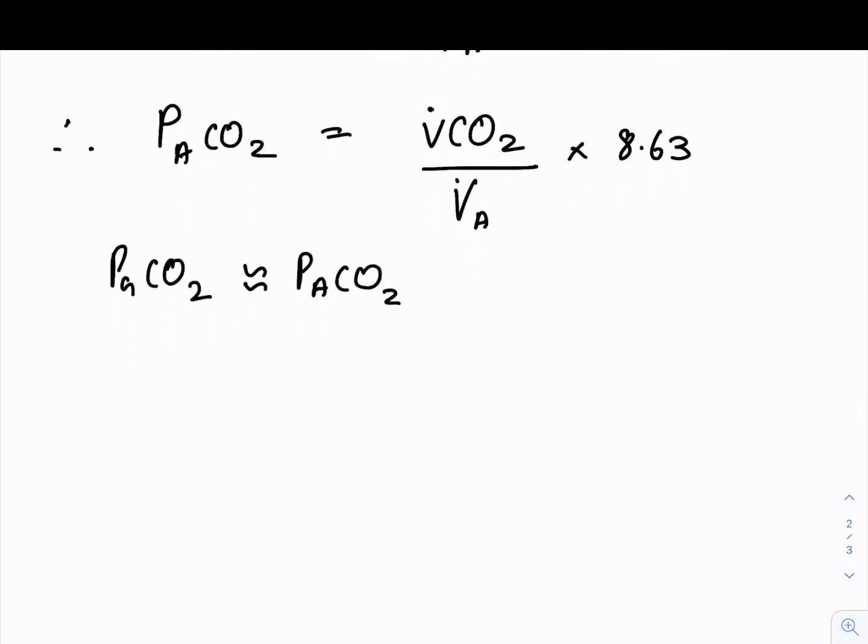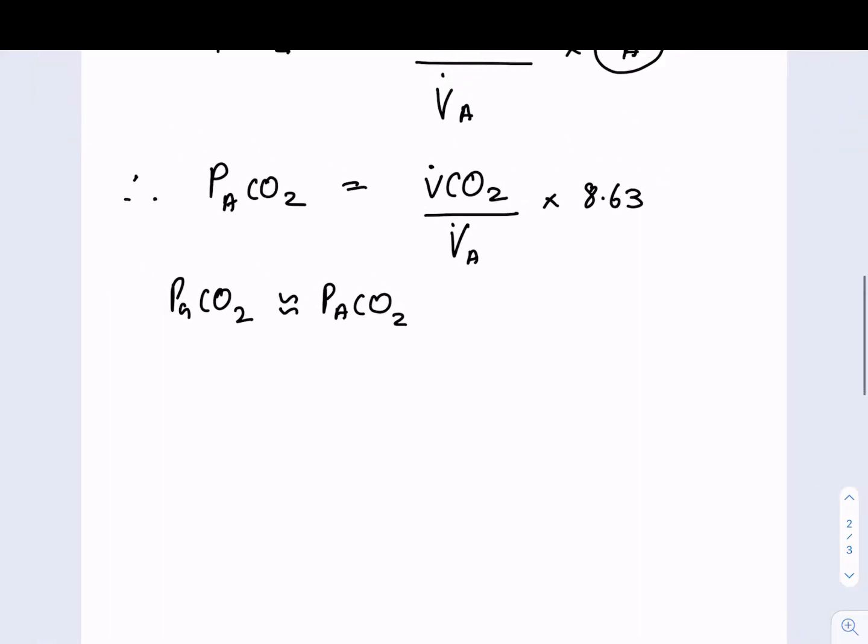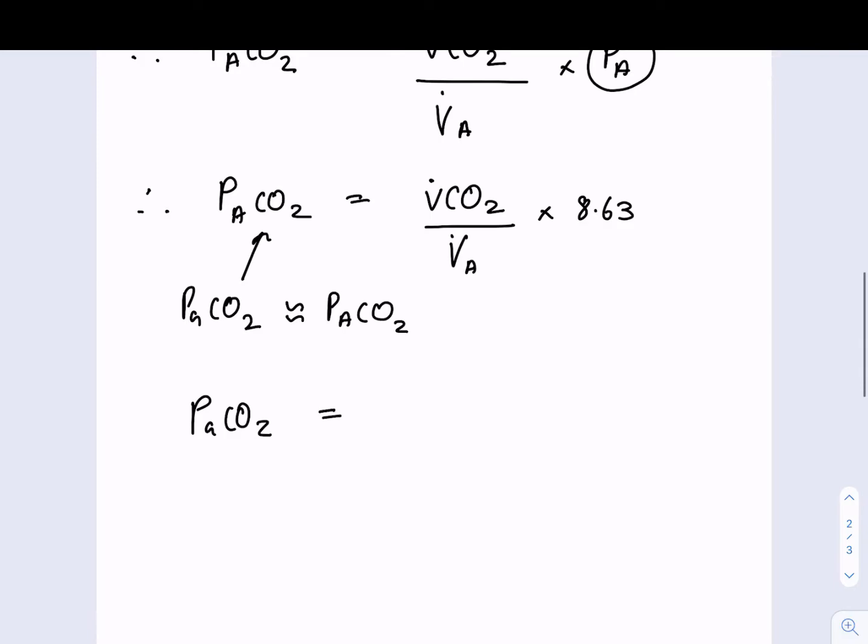So this gives us one of the equations. PaCO2, essentially substituting this equation here, equals V dot CO2 upon V dot A, or big A, sorry, times a constant, 8.63, which is the pressure within the alveoli expressed in standard temperature and pressure.